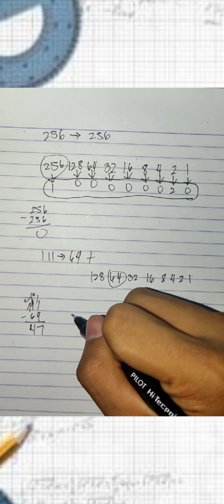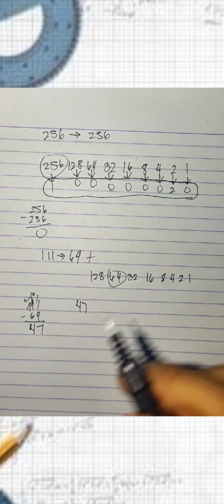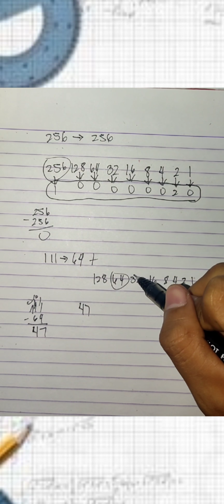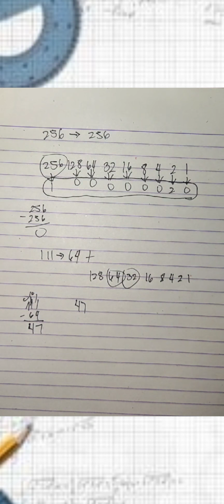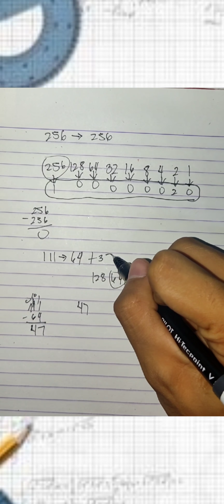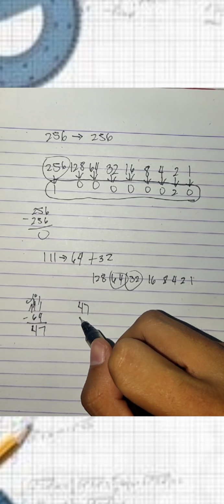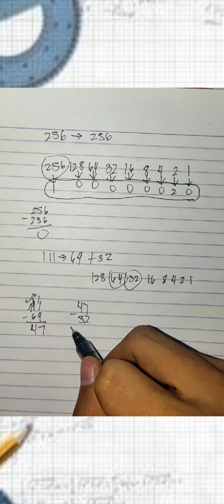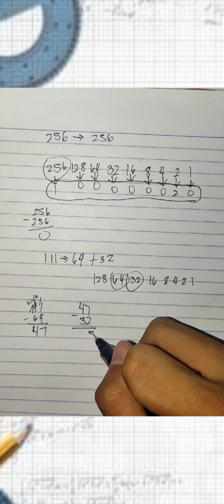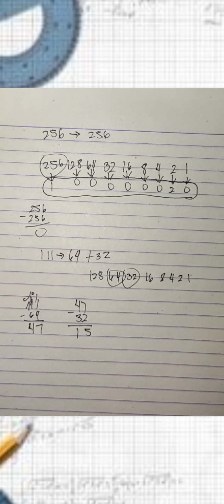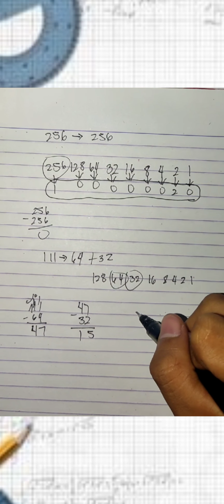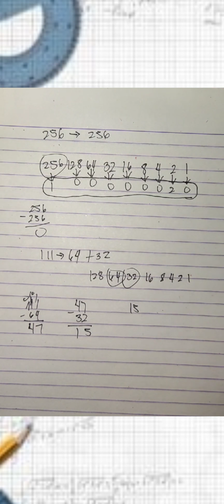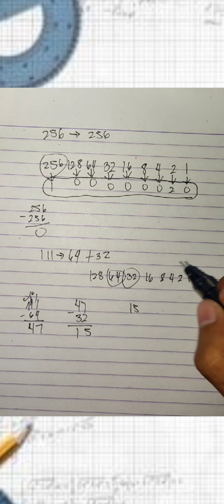Hahanap naman tayo ng mas mababa sa 47, so 32. Lagay natin 32. 47 minus 32 is equals to 15. So 15, hahanap tayo ng mas mababa sa 15, is 8.